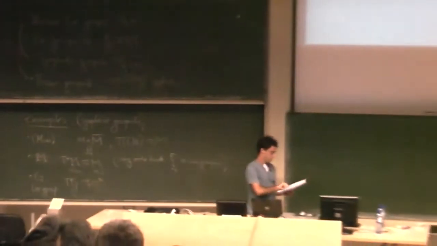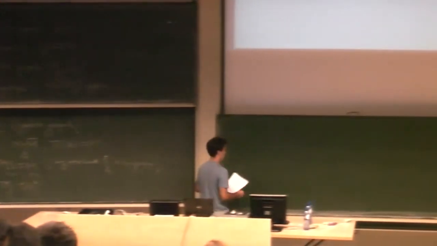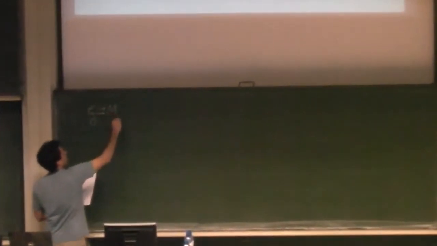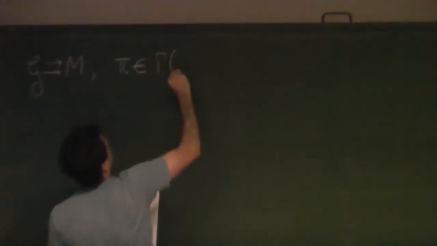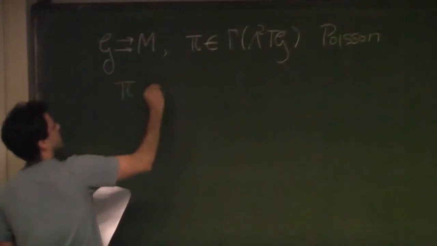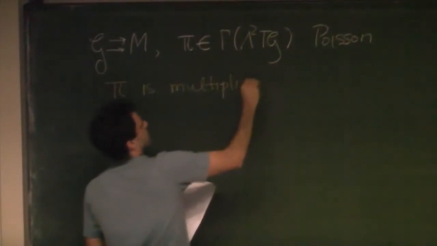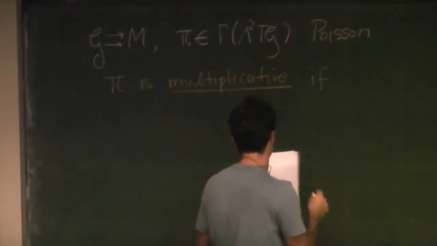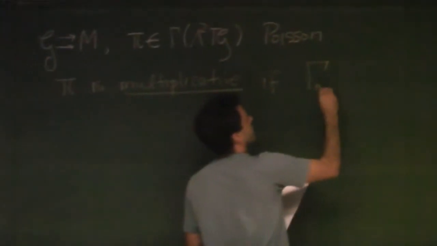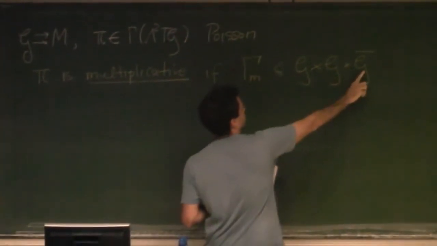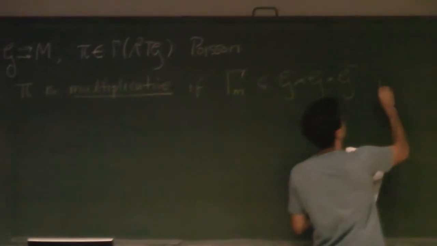So what is a Poisson groupoid? So here the setup for this notion is, again, you have a Lie groupoid, and you have now a Poisson structure pi, and we'll say that this pi is multiplicative if it's again a condition in terms of the graph, just like for symplectic groupoids in which the graph had to be Lagrangian, but now the graph, so this inside G cross G bar, where again I'm switching the sign of the Poisson structure here, is coisotropic.